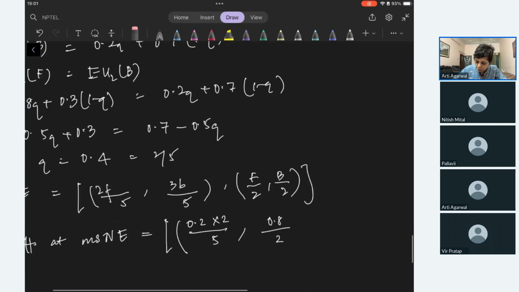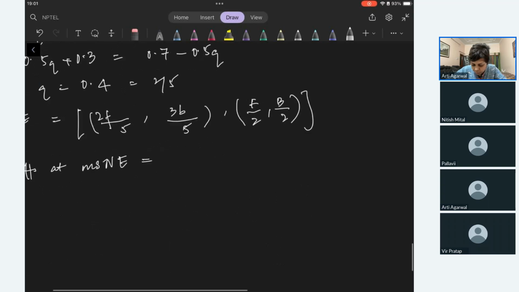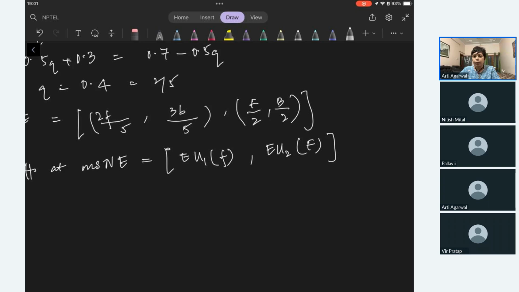I've sort of shortened it a bit too much. You can write it like this actually. Let me correct this. So EU1F and EU2 capital F. You can write EU1B, EU2 capital B also if you want, but at the end of the day, they are both the same.